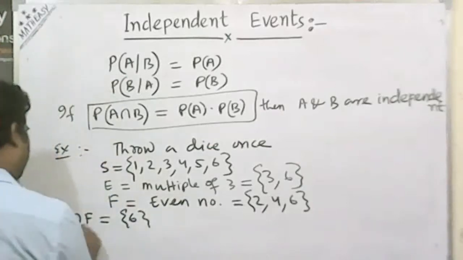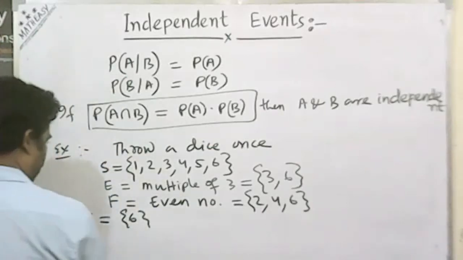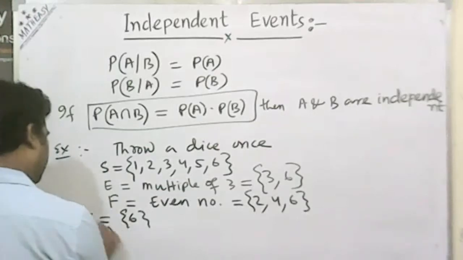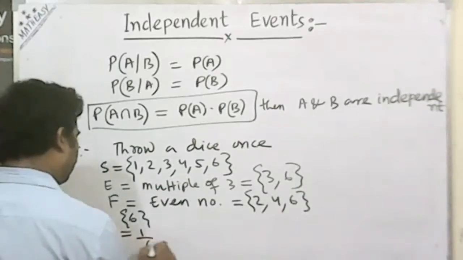Now, probability of E intersection F is equal to 1 by 6.